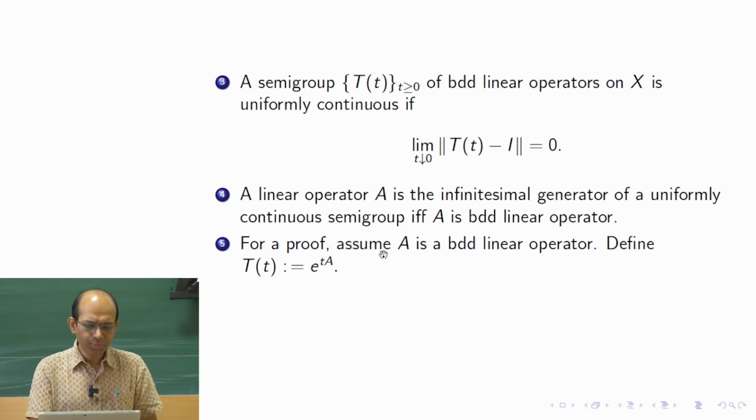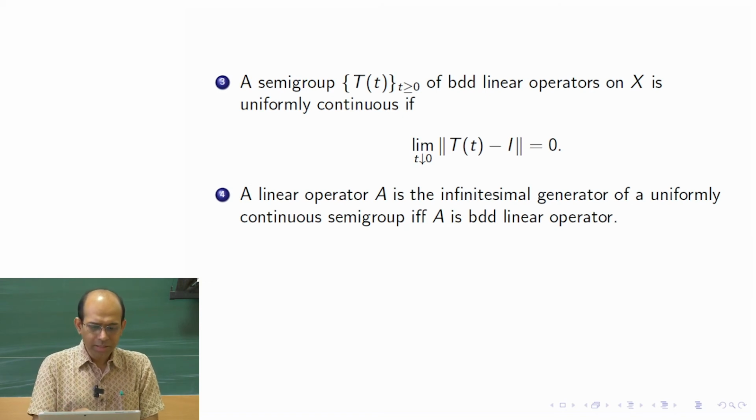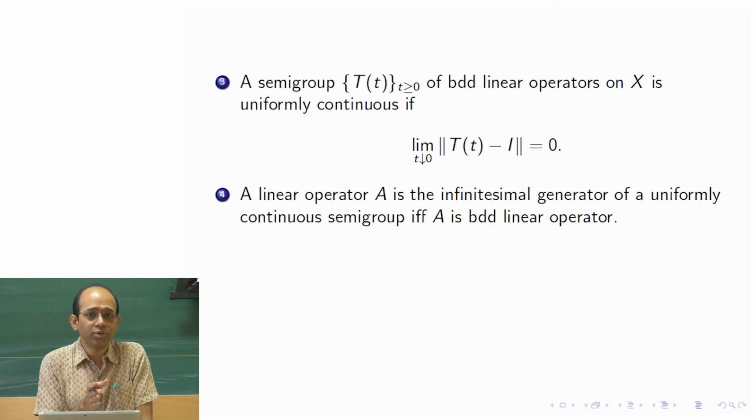For the proof, we are going to assume A is a bounded linear operator. From there we are going to show that the semigroup T(t) would be uniformly continuous. So we define, given A, and be careful about this statement: it does not give any particular semigroup.